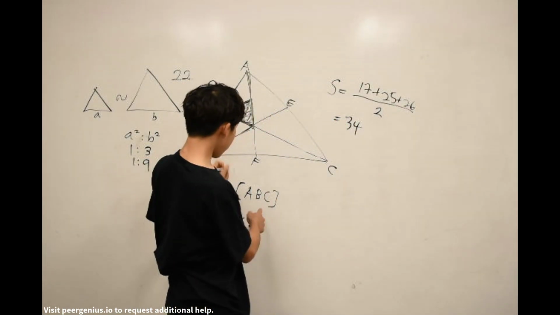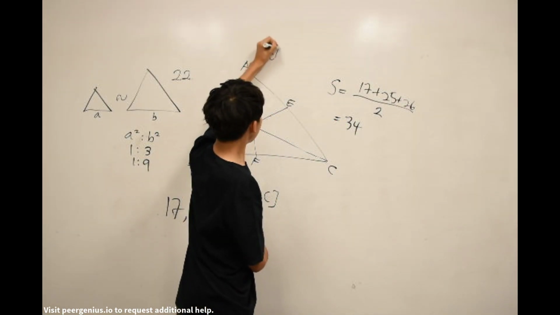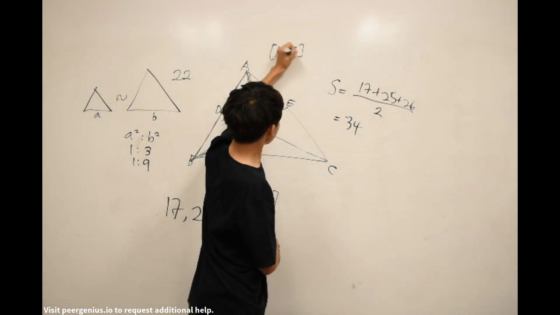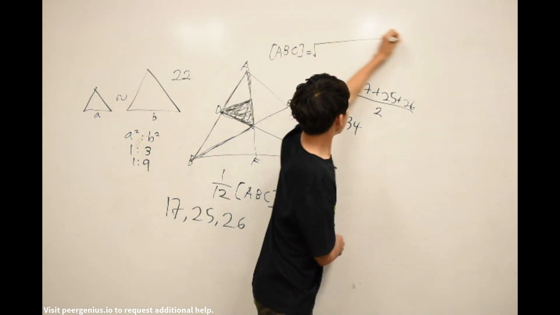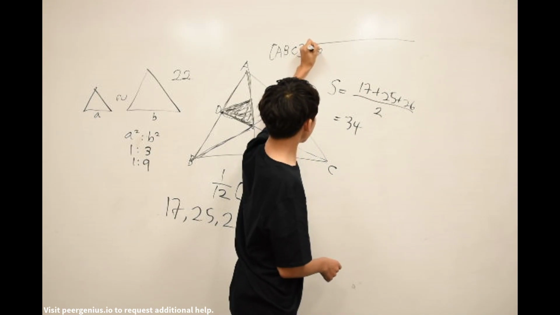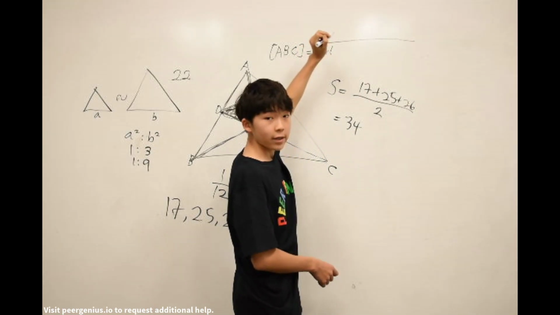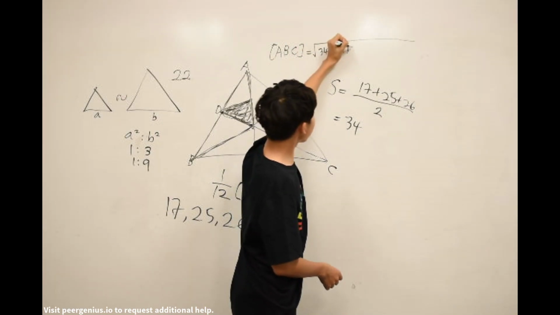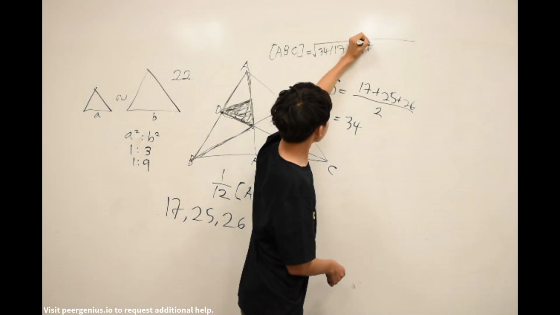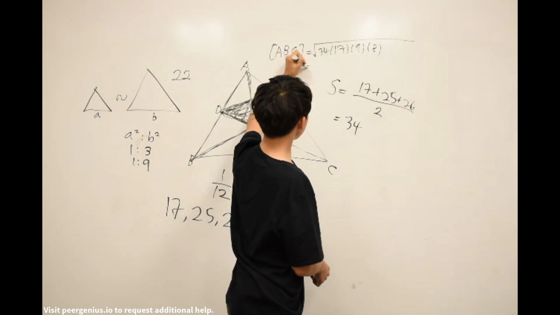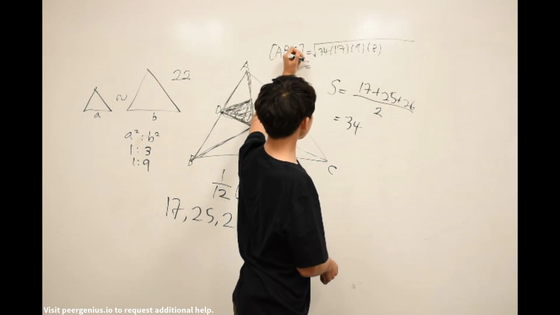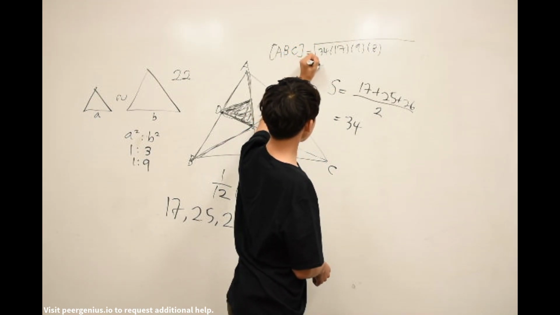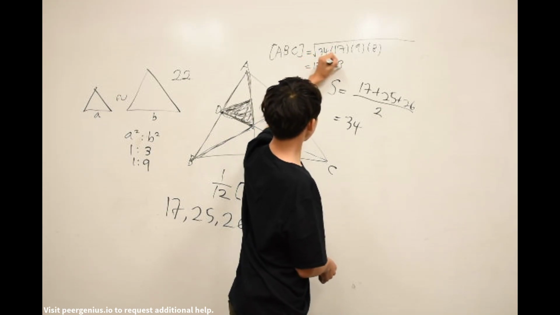That means the area of ABC is equal to the square root of 34 times (34 minus 17), (34 minus 25, which is 9), (34 minus 26, which is 8), which gets simplified into 17 times 4 times 3.